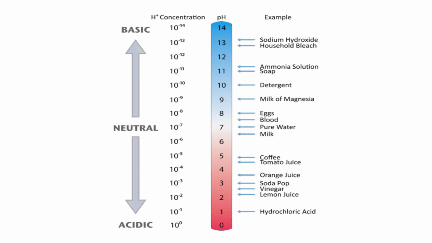So pH values are very easy to deal with. Substances that are acidic will have a pH less than 7, substances that are basic will have a pH more than 7, and substances which are neutral will have a pH equal to 7.